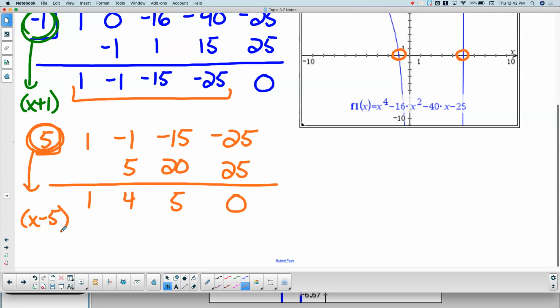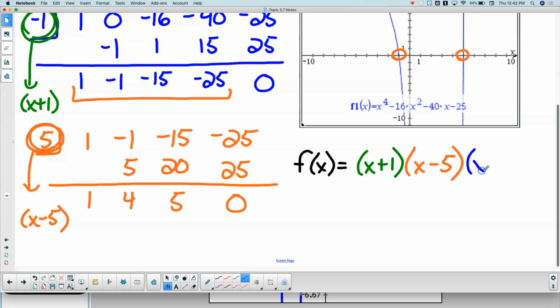That's going to give me x minus 5 as a factor. So now f of x can be written as x plus 1, x minus 5, and x squared plus 4x plus 5.